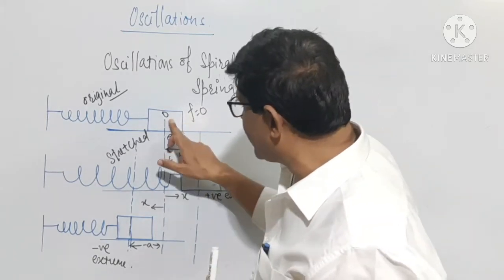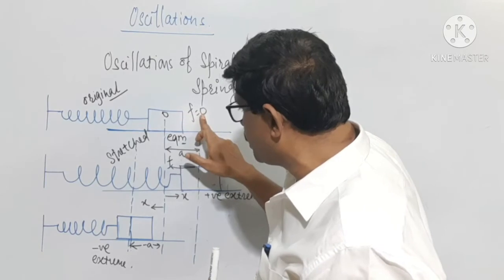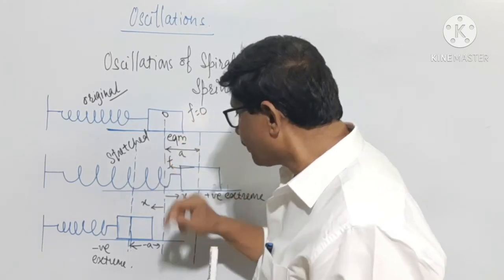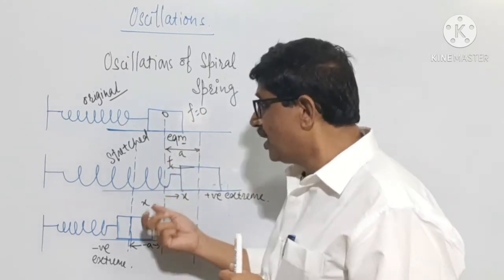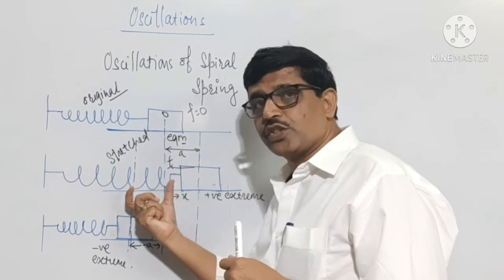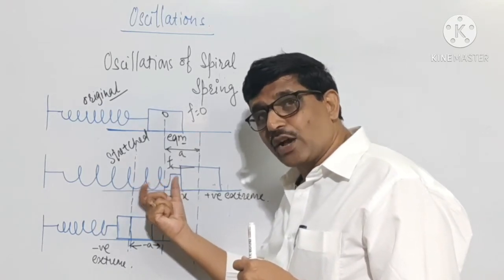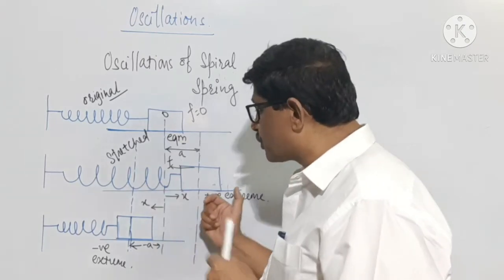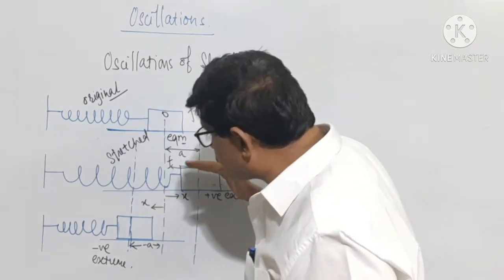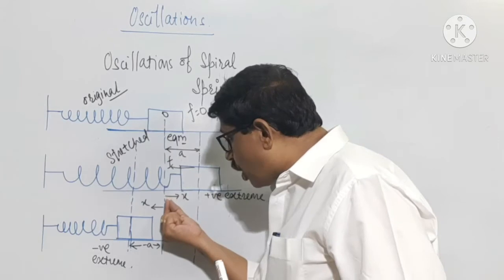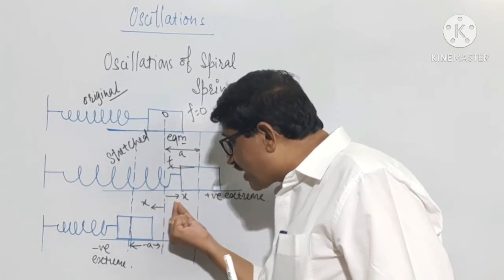When the block is at equilibrium, the restoring force is 0, and the displacement is 0. When we begin to stretch the spiral, while the spiral gets elongated, the restoring force is developed in the block. It is towards equilibrium and the block is displacing away from equilibrium.